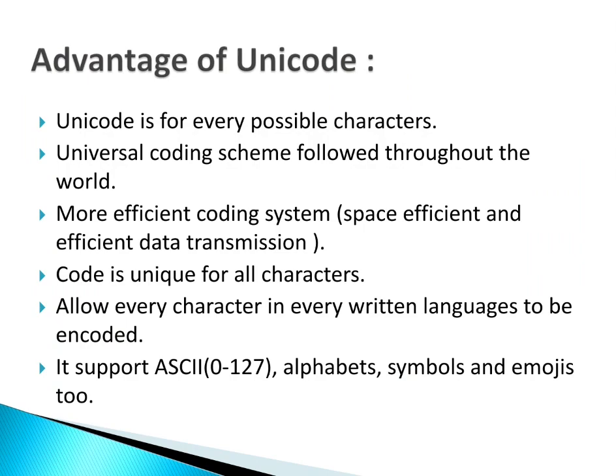Space efficient too, data transmission efficient too. The code is unique for all characters. They do not vary from system to system. It allows each character in every written language to be encoded. Any language you bring, Unicode has that space to contain that alphabet. It supports ASCII codes, alphabets, symbols, and emojis too.